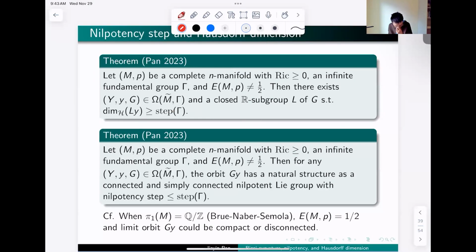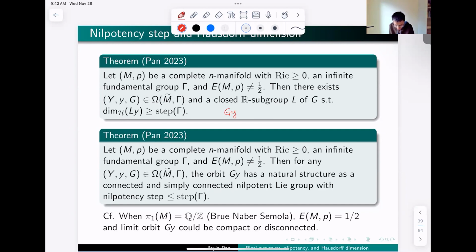And in terms of the whole group, here you take this R as a subgroup of G, an R subgroup, but you can also talk about what is GY, the whole orbit. So again, the same assumptions: non-negative Ricci curvature, infinite fundamental group, and the escape rate is not 1/2.